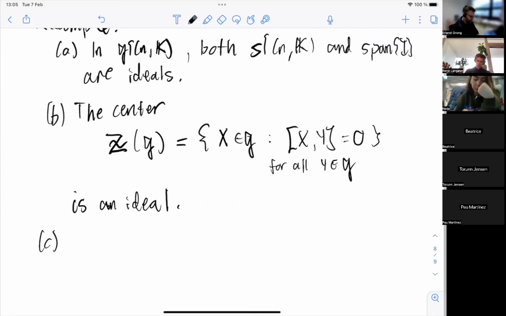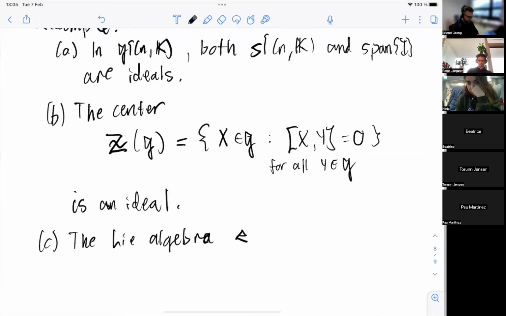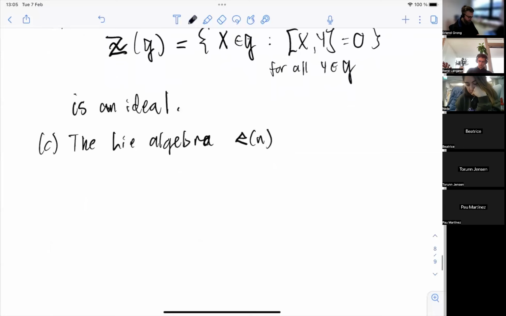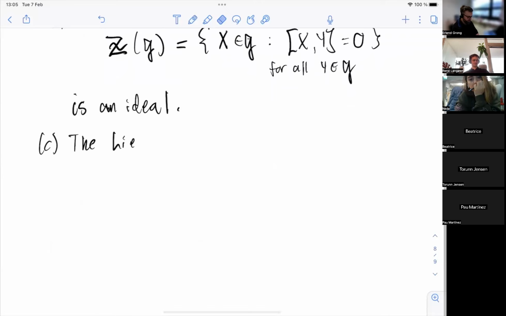We can do the Lie algebra which has the suggestive name E n. Let's not do that, because then I have to introduce the orthogonal matrices, or the skew symmetric matrices. Sorry, let's not do that. So let's just do a general Lie algebra.